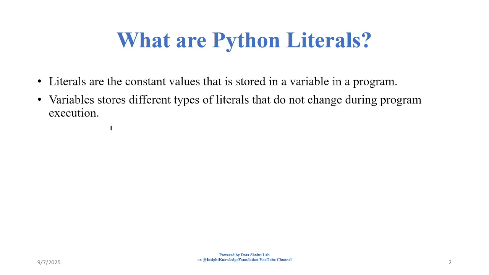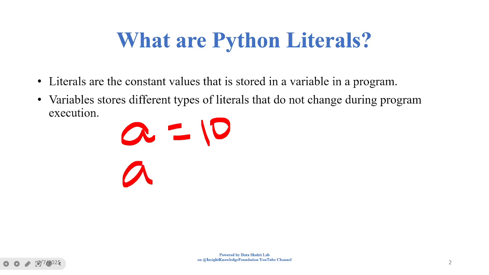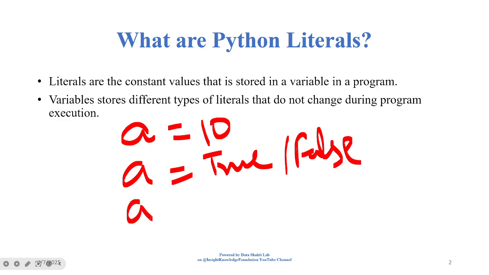Now, understand this. In a program, when we assign an input or a value, we usually write like this: A equals 10, or A equals true or false, or A equals, let's suppose, hello.